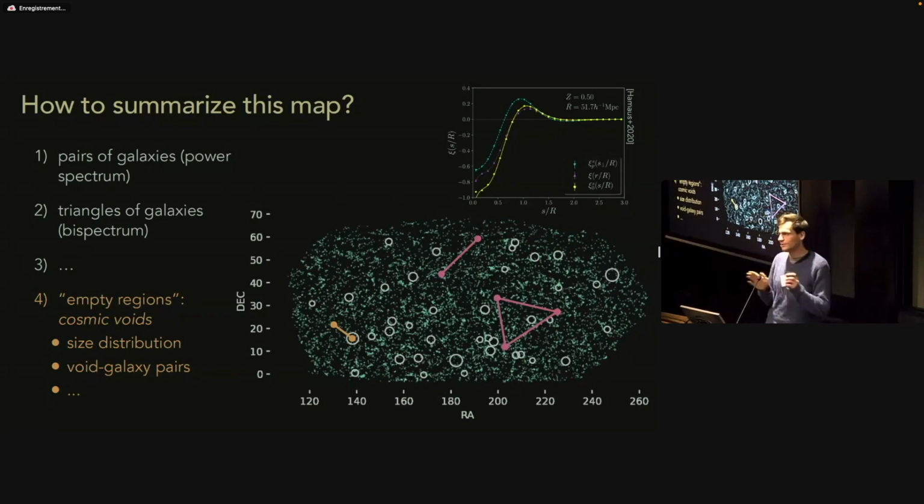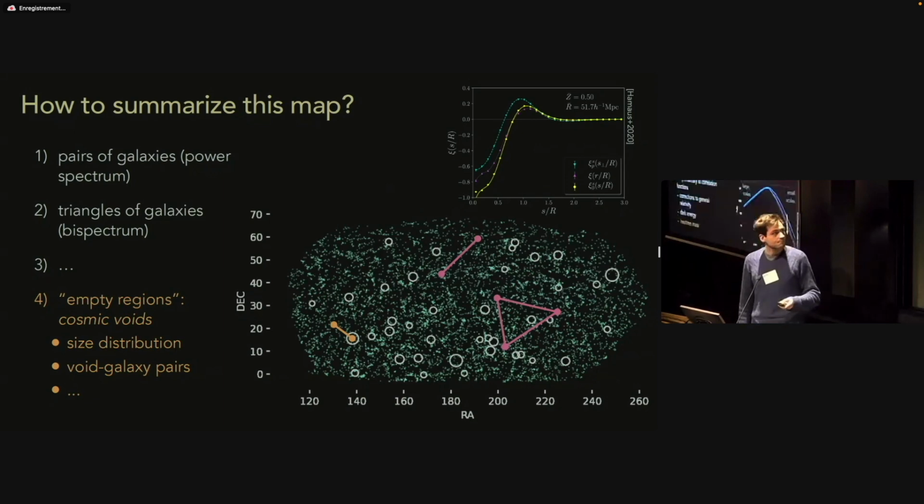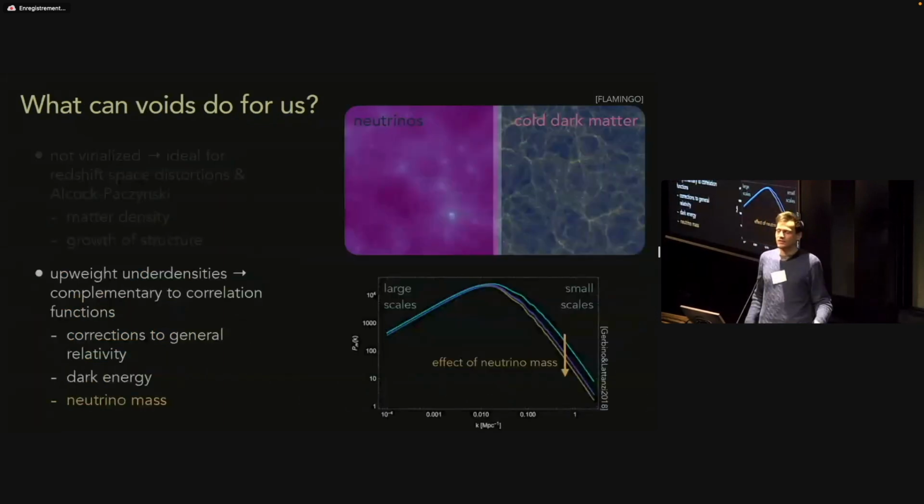Once you have identified these voids in your data, you can compute a bunch of different summary statistics from them. For example, you can compute the distribution of their sizes, or the void density profiles, so the correlation function with galaxies. Now the question becomes, how can we use these statistics?